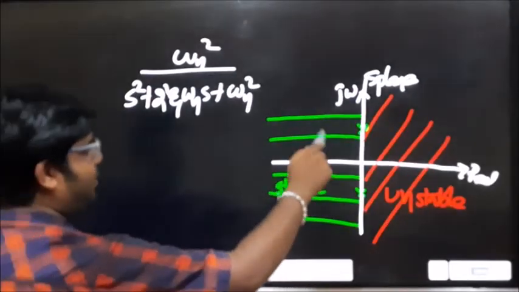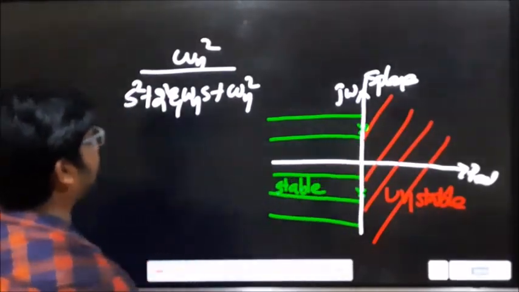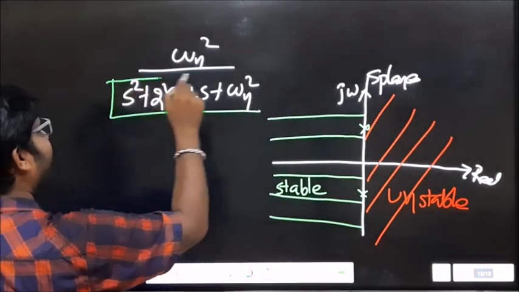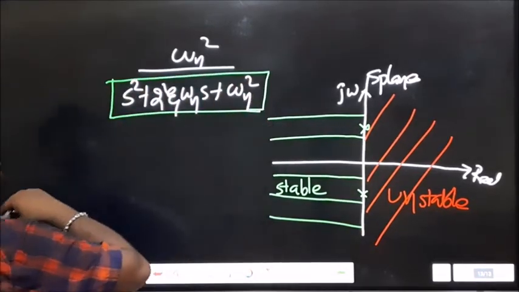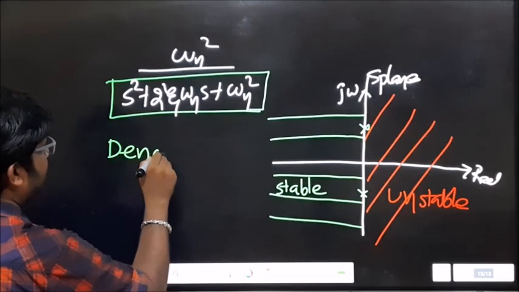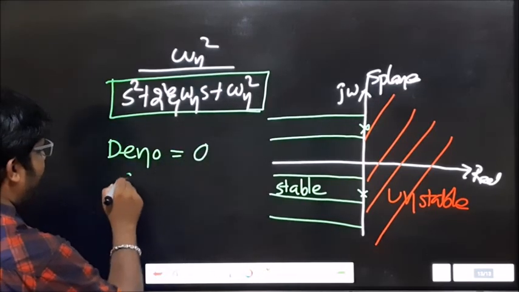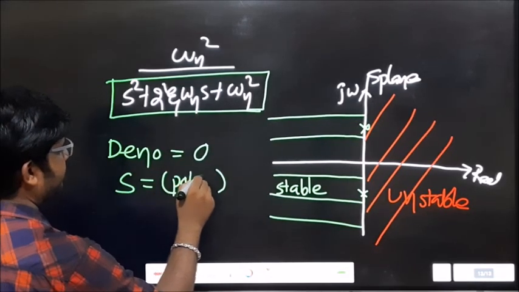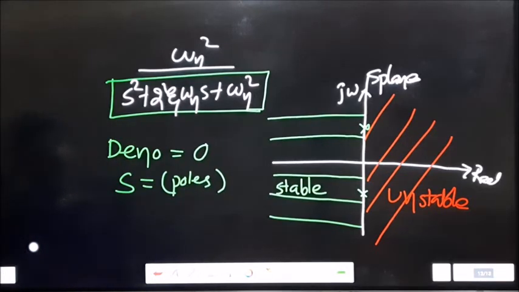To find the stability, we need the poles. Poles come from the denominator of the equation. If you make the denominator 0 and find the value of s, that gives the poles. Clear?